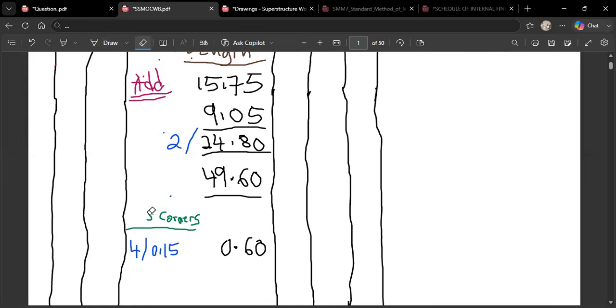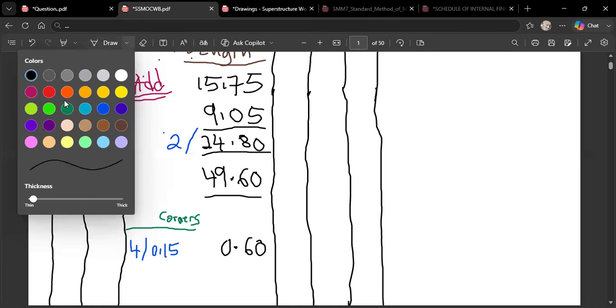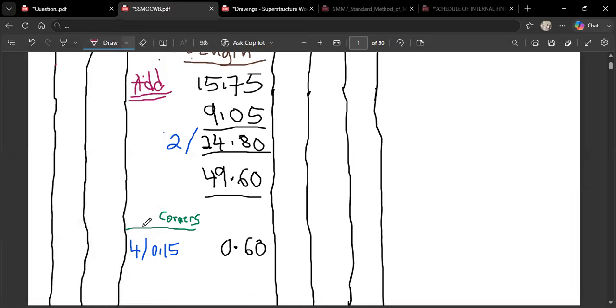Also, for you to understand, let me use a different color pen to drive the meaning to you. Less, as we all know from the beginning, is subtract, the symbol for subtraction. So when you hear less, it means that you are subtracting.